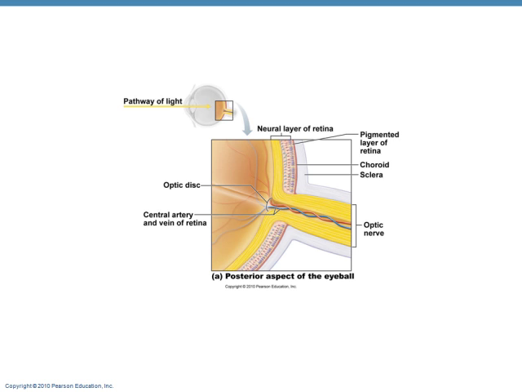The reason it's a blind spot is because there are no photoreceptors there. So think about light shining in. The sharpest vision goes to my fovea centralis, but there's still light being shone and firing off all the receptors in my peripheral vision, except for that optic disc area. And that's my blind spot.